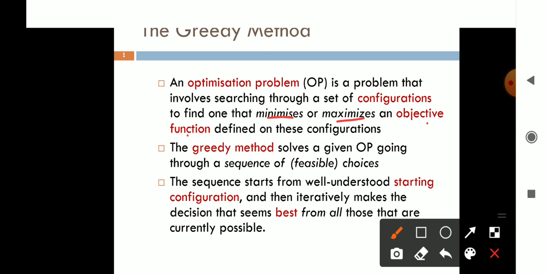So we have to find the optimal solution for our optimization problem, and that is solved by using the greedy method here. Of course we will have multiple choices, and those choices may be feasible choices. Suppose you are choosing the objects for jewelry.